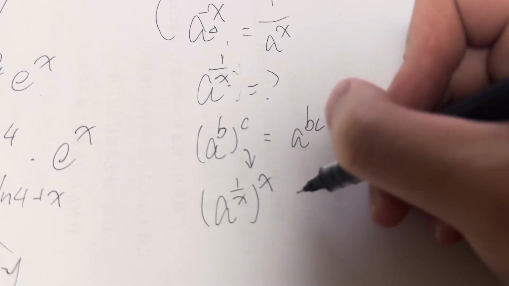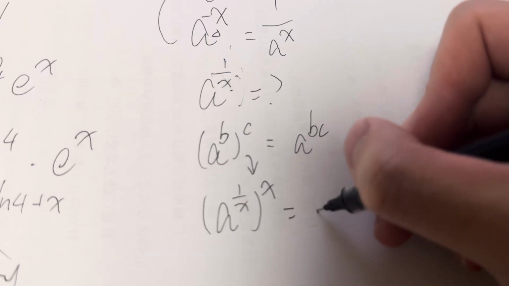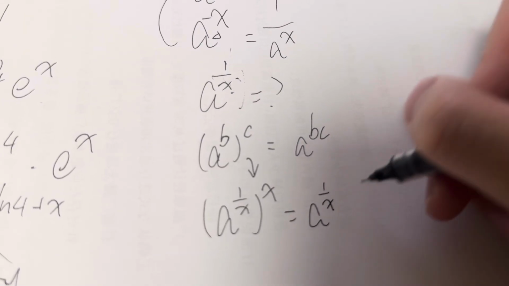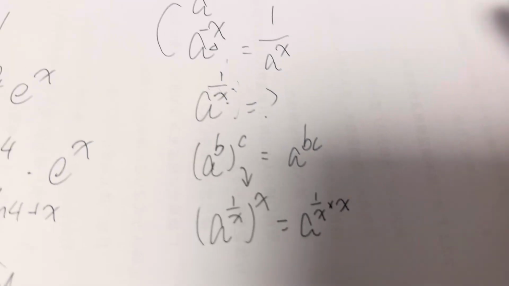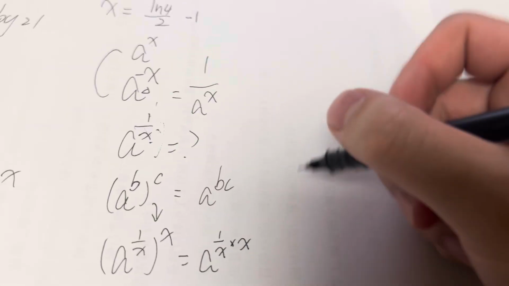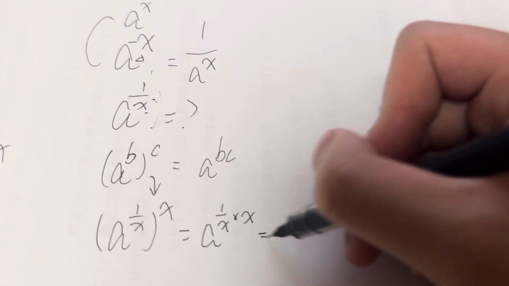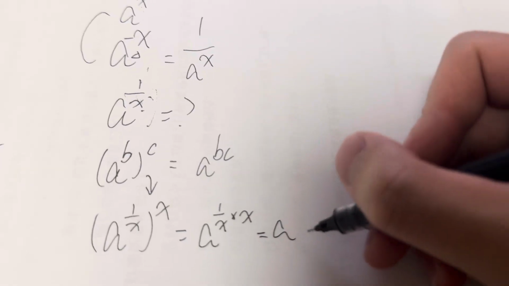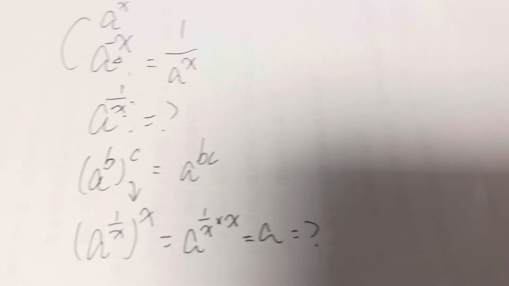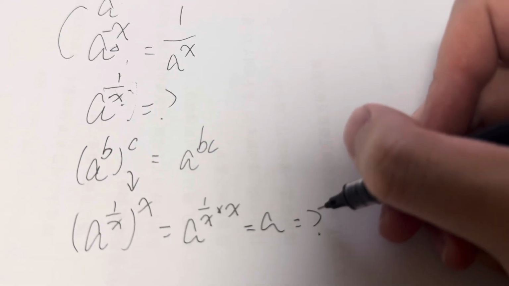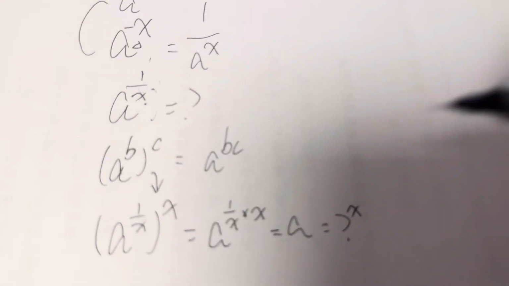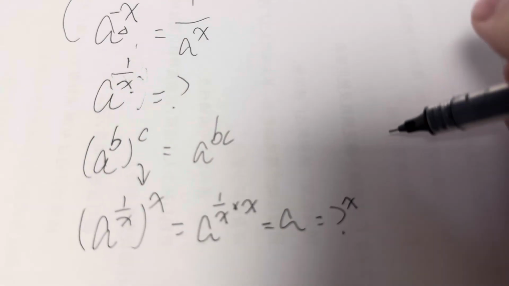So we can use this formula to change the whole thing. We do the same thing to both sides of the equation, so it's equal to this: question mark to the power of x equals a.